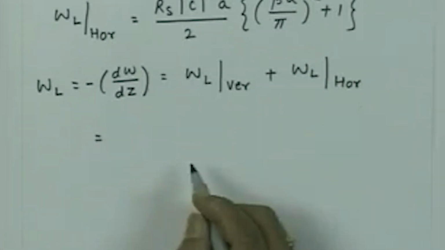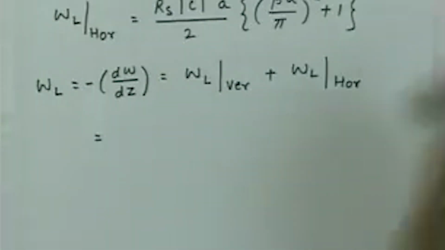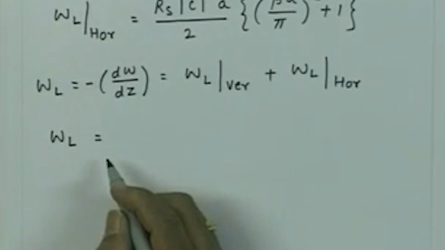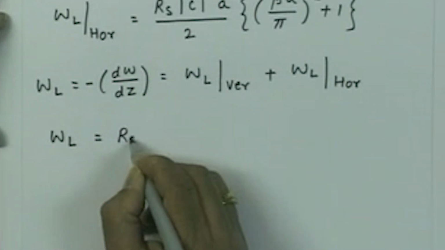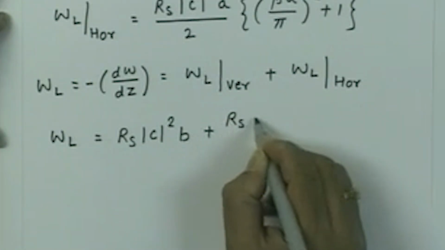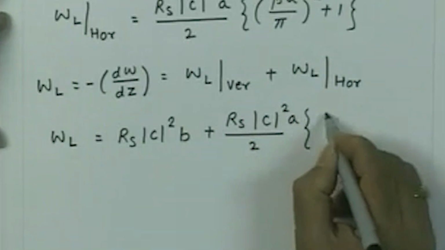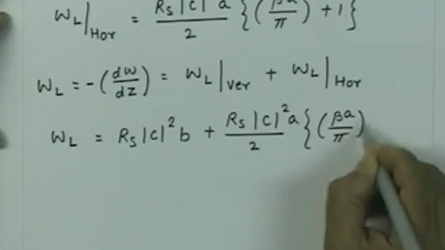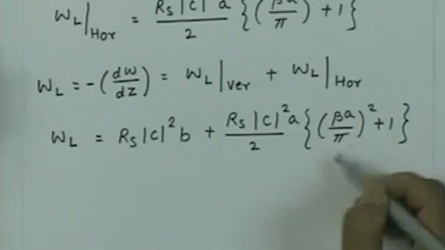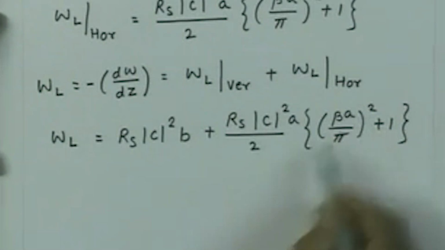So, if I add the two terms, one which I got for the vertical wall and the horizontal wall, I will get W_L equal to Rs |C|^2 b plus Rs |C|^2 a upon 2 (beta a upon pi) whole square plus 1, which I can write in terms of the frequency and the cutoff frequency of the mode, because I know the cutoff frequency is related to the dimension of the waveguide.